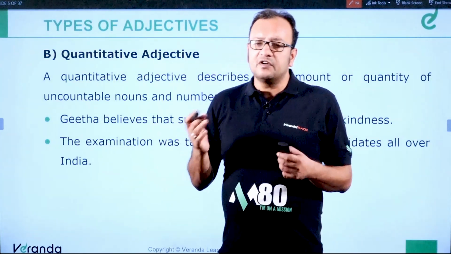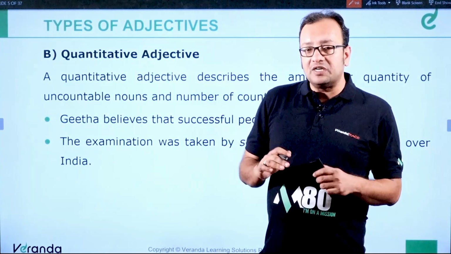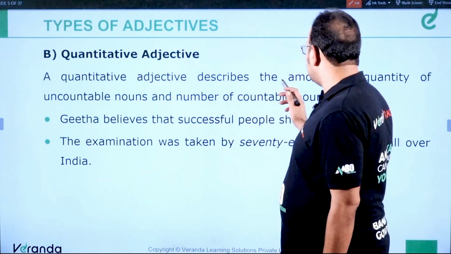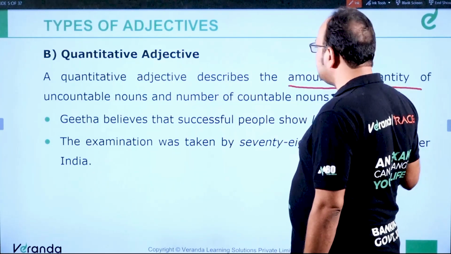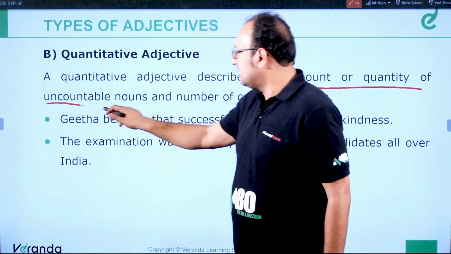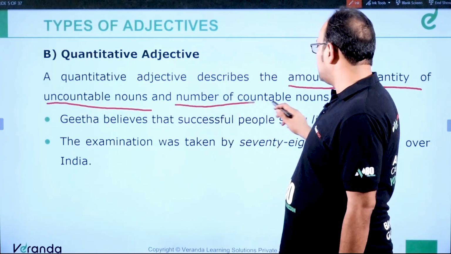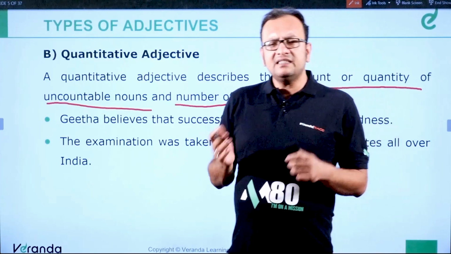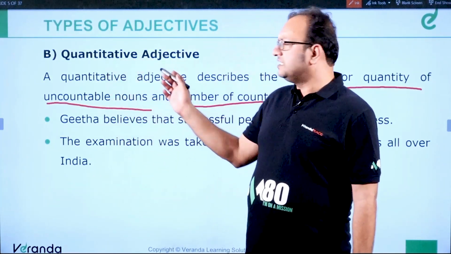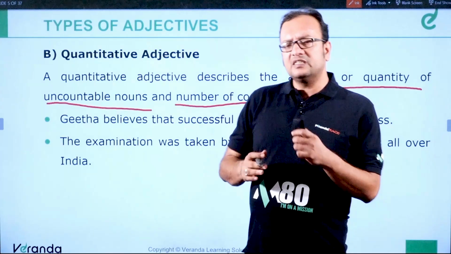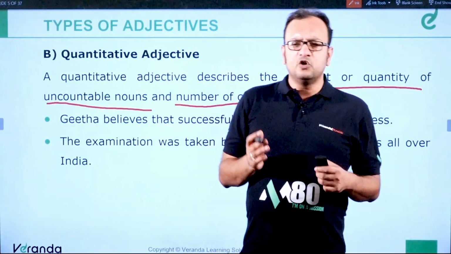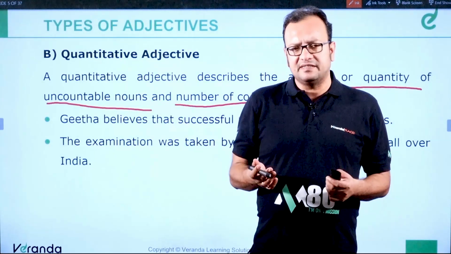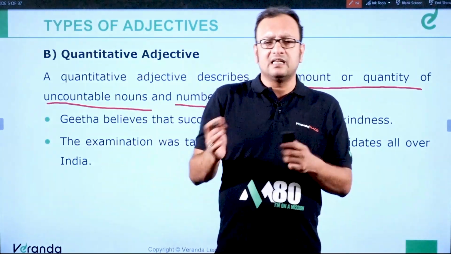Quantitative adjectives. Obviously the word suggests quantity. It describes the amount or quantity of uncountable nouns and the number of countable nouns. So what we have done over here is put the number and the quantity into one section called quantitative adjectives. Further we can subdivide it into numeral adjectives and quantitative adjectives, which tell the amount and the number.